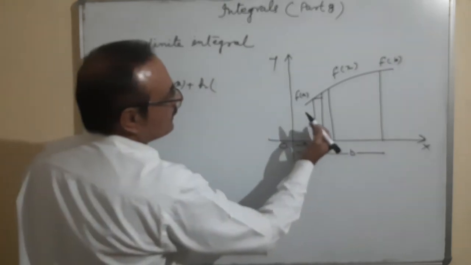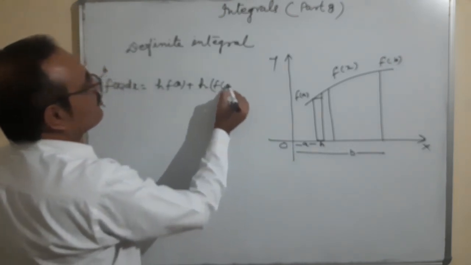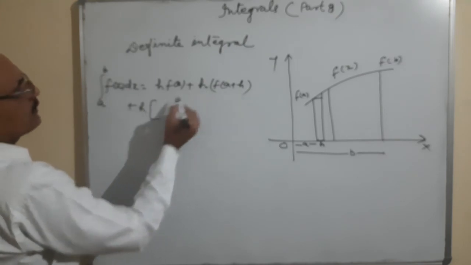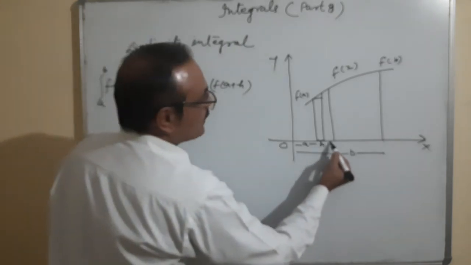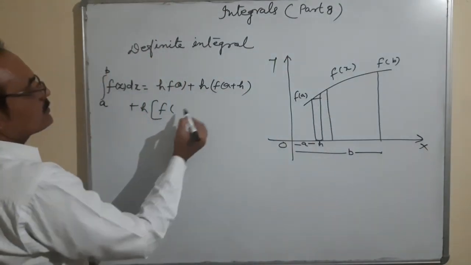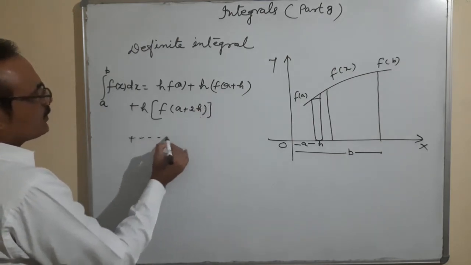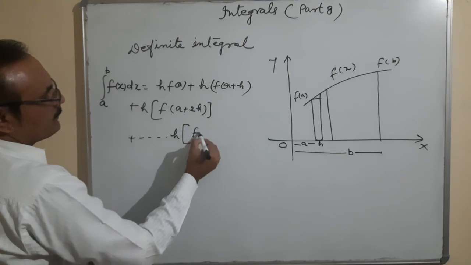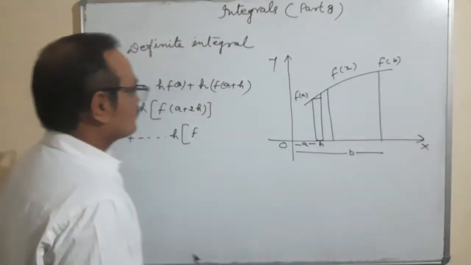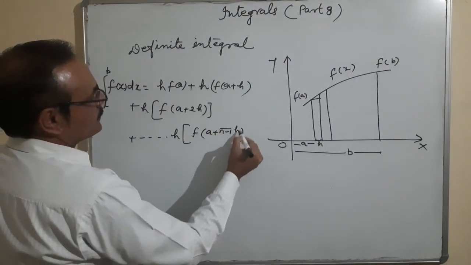What is the length of the second strip? f of a plus h. Then this is f of a plus 2h, and so on. Suppose we consider that there are n strips. So what to write here? f of a plus (n minus 1) into h. Isn't it?